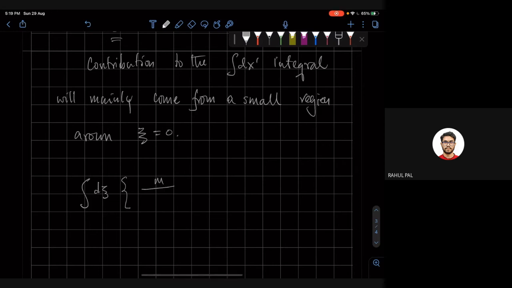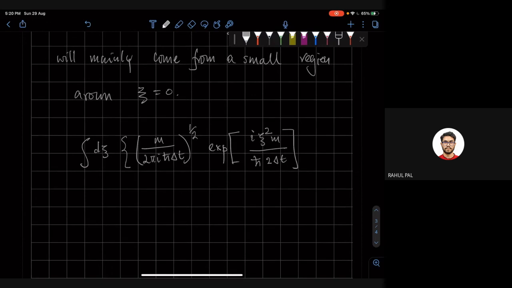It's m divided by 2 pi i h bar delta t to the power half. And the exponential will just remain like it is, i psi squared m divided by h bar 2 delta t.